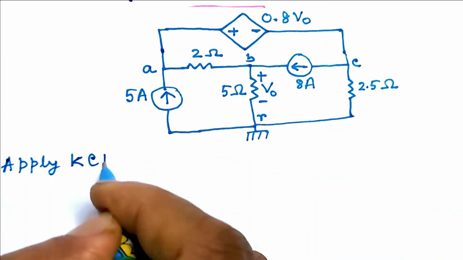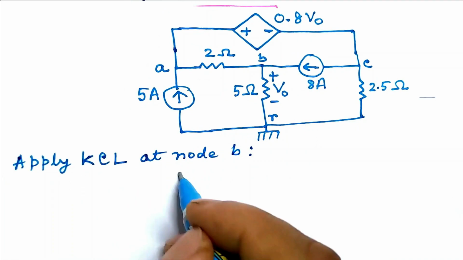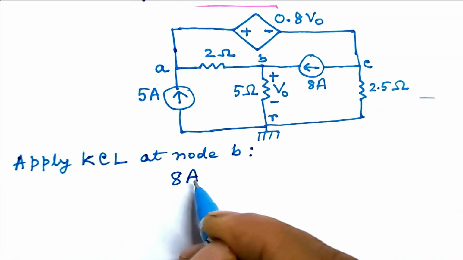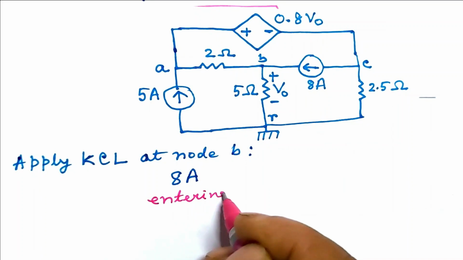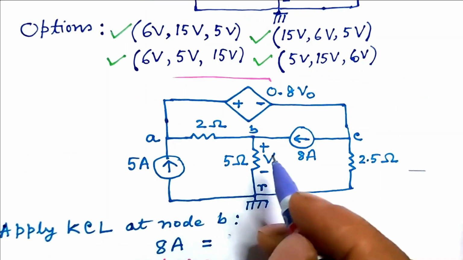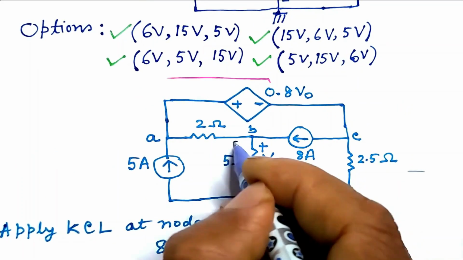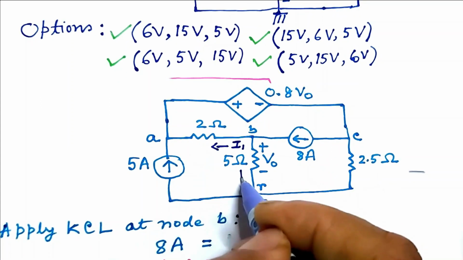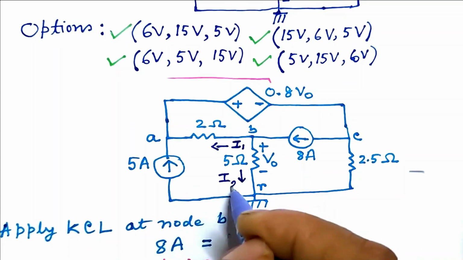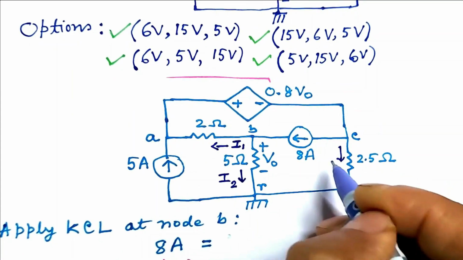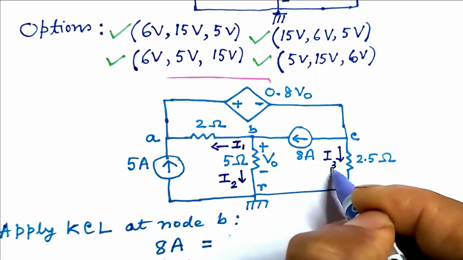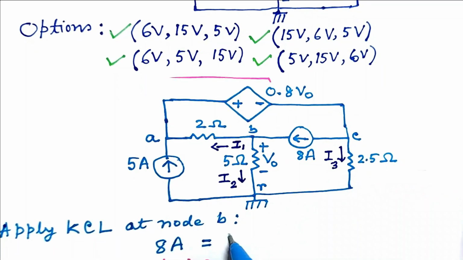Apply KCL at node B. This gives 8 ampere. This current is entering the node B. Let I1 be current in this branch across 2 ohm and I2 is the current across 5 ohm. And across 2.5 ohm we have I3. Let us get back to complete the KCL relation which we started to write.